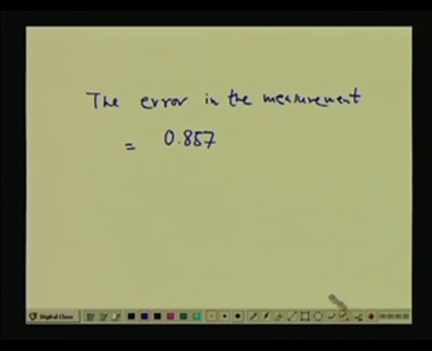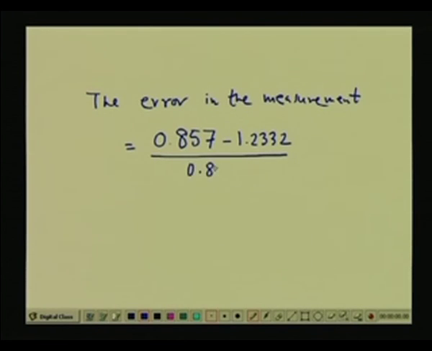So, therefore, the error in the measurement is 1.2332 minus 0.857, upon 0.857, into 100%, which is giving an error of 43.9%.